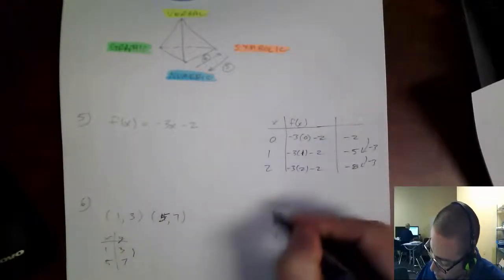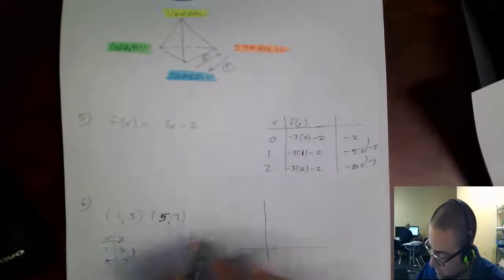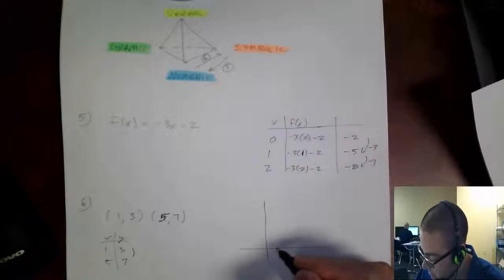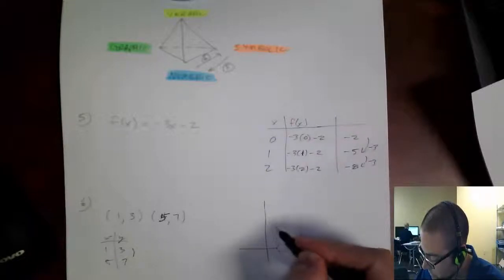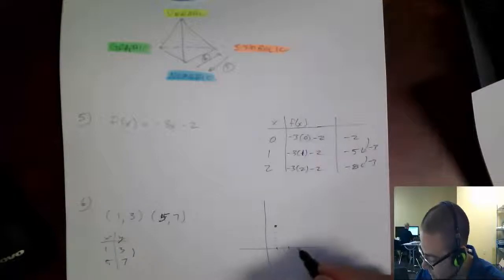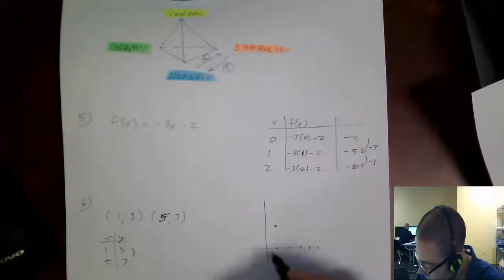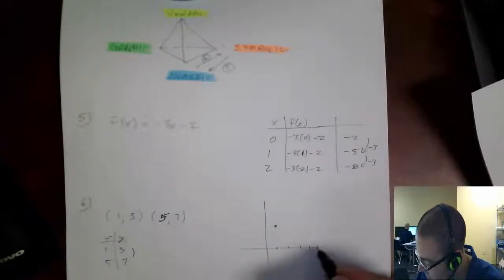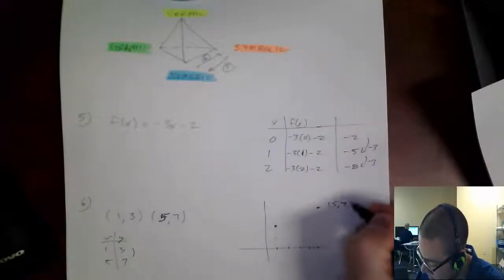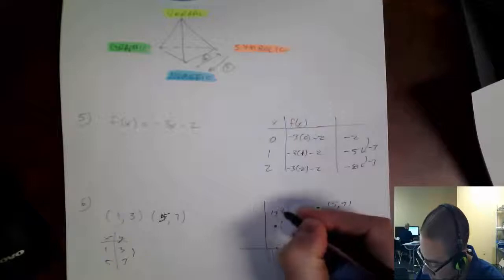So maybe we can immediately go to the graph. What's happening here, it starts at 1, 3, and it's going to 5, 7. So this is 5, 7, and this is 1, 3.